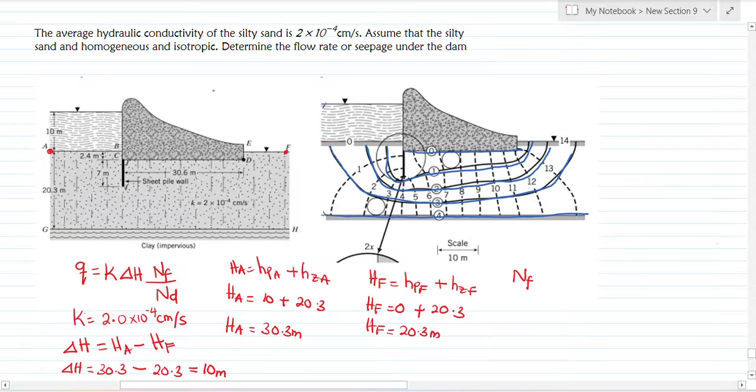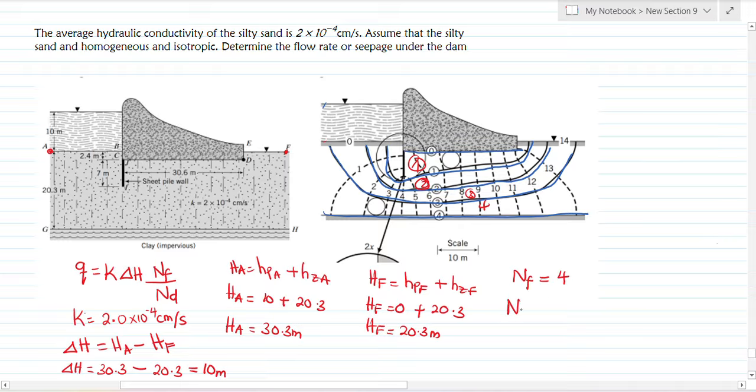With these flow lines, we can now count the number of channels. The space between adjacent flow lines is a channel. So there's 1, this is 2, this is 3, and this is 4. Number of flow channels is 4.